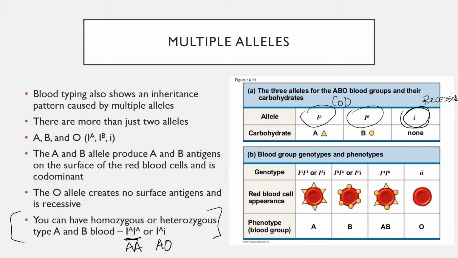They can have 1 allele for the A and the recessive allele for O. Only when we have 2 recessive alleles will we see type O blood. And type O blood is just characterized by not having any of those surface carbohydrates or not having the same chains as A or B blood.